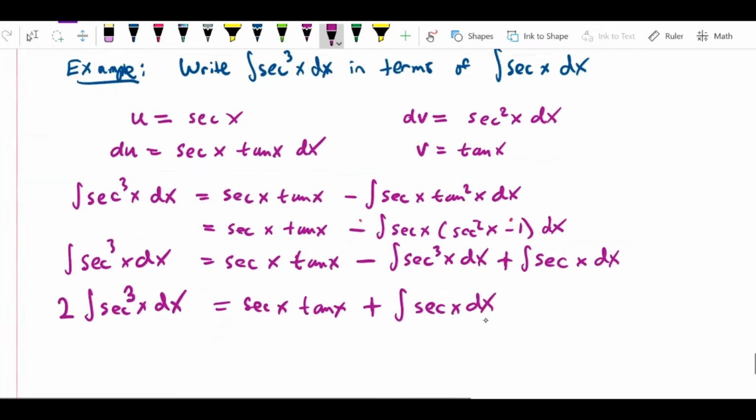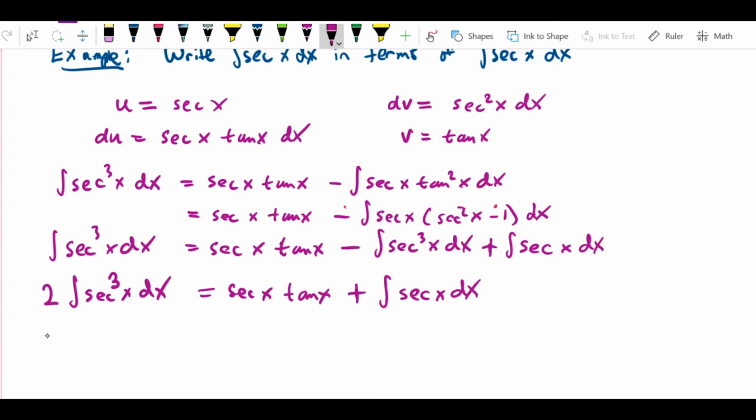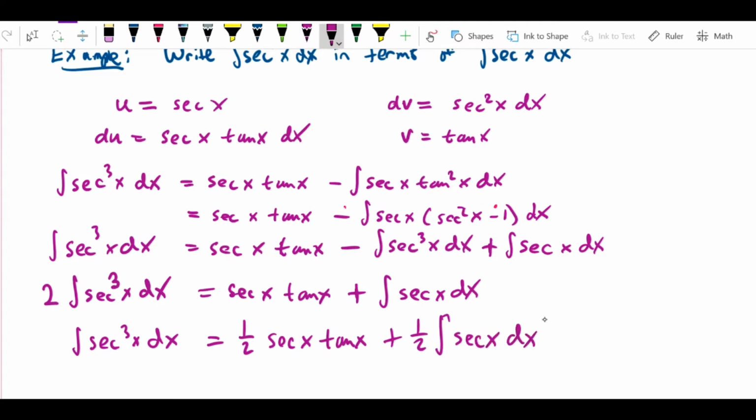And then finally I can just divide the whole equation by 2 to get the integral of secant cubed x on the left. That gives me the integral of secant cubed x dx equals 1/2 secant x tangent x plus 1/2 integral of secant x dx.